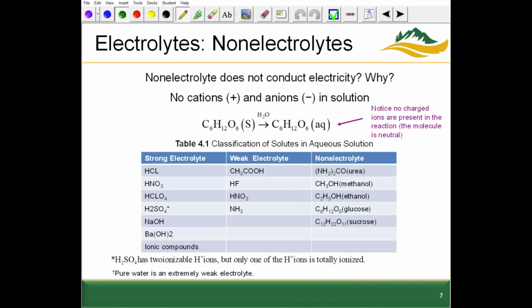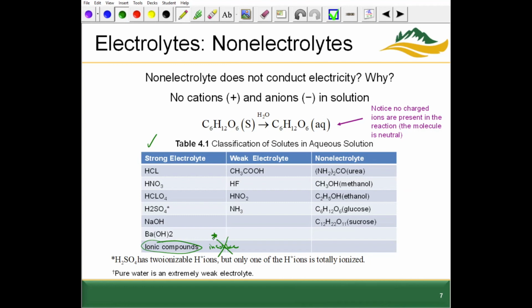So you may be wondering, coming back to this, if you're making this connection, that ionic compounds are strong electrolytes. Well, for an additional level of complexity, if an ionic compound is insoluble, then technically it's not a strong electrolyte, right? Because it won't dissociate into its respective cations and anions.